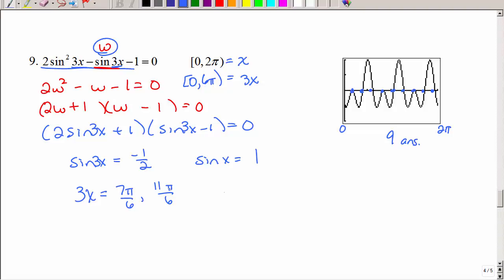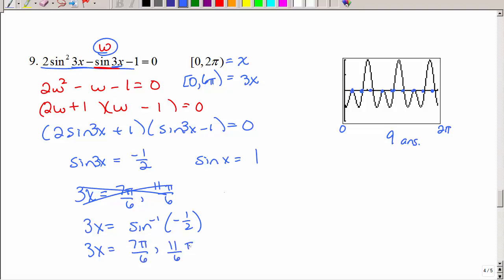I apologize. So if I take the inverse sine, I'm going to go back to here and say 3x is the inverse sine of negative 1/2. These are the first 2 answers I get. That would be between 0 and 2 pi, but now I need to go around the circle 3 times. So I'm going to get more answers. So I just add 2 pi to each of these answers and keep going.